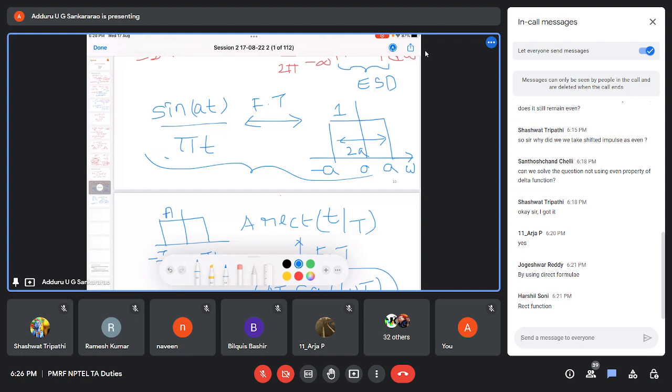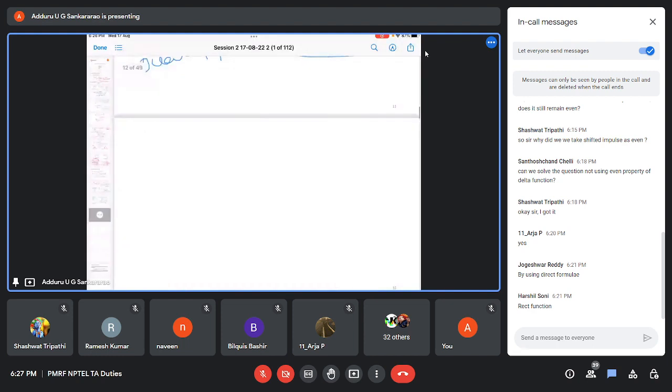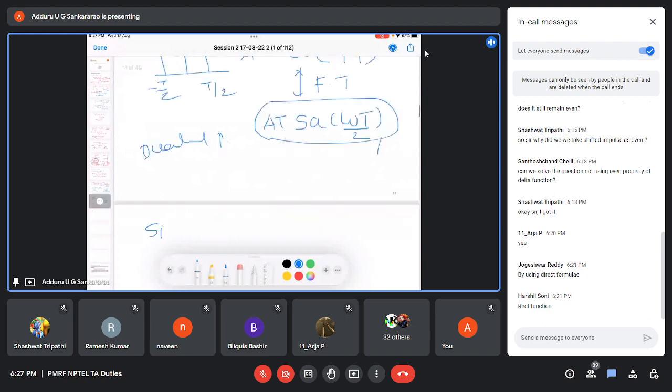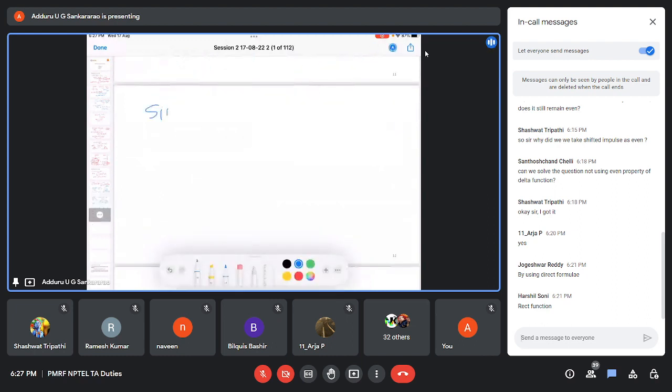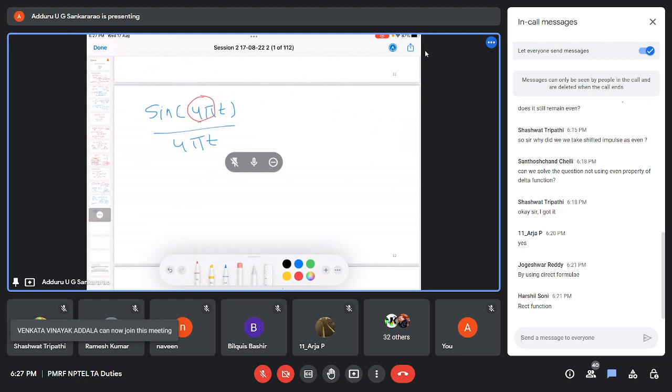Now the given question is sin(4 pi t) by 4 pi t. So a is 4 pi, and we can take 1 by 4 common outside, and then we get the sin(at) by pi t form.